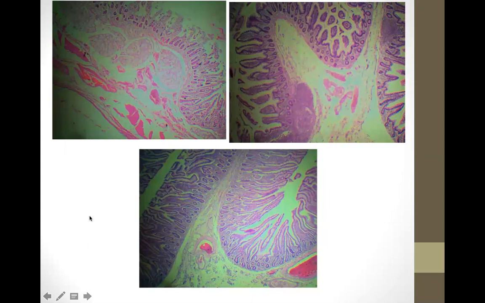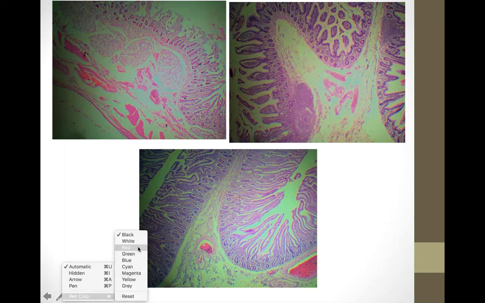This picture is extracted from their laboratory orientation. Identify the part or segment of the small intestine. If this is your Brunner's gland, this would be duodenum. These are aggregates of lymphatic nodules found in the lamina propria.